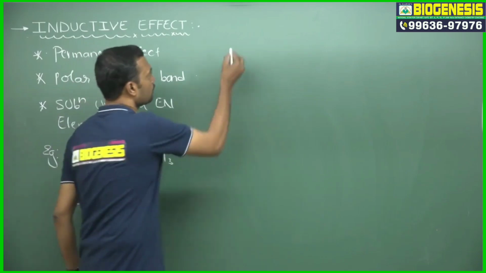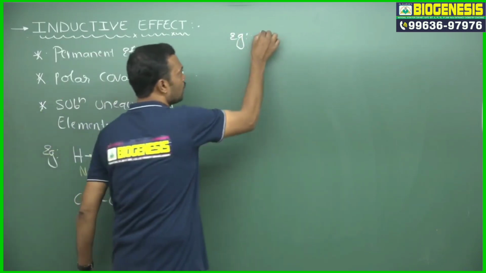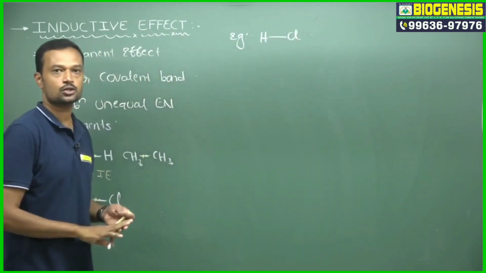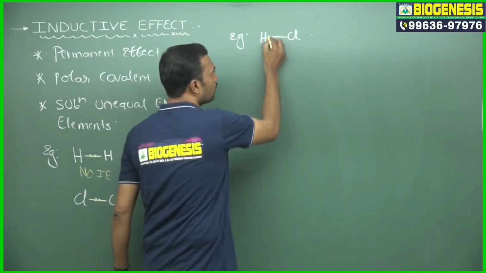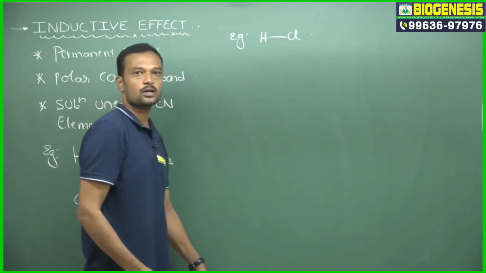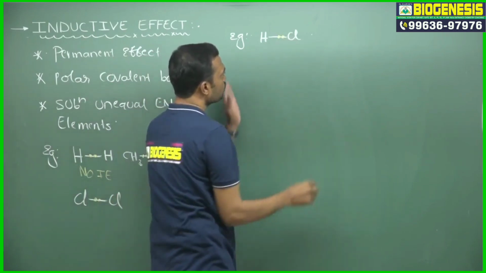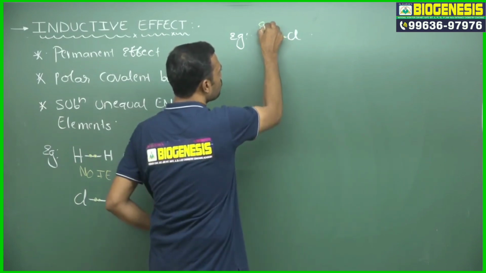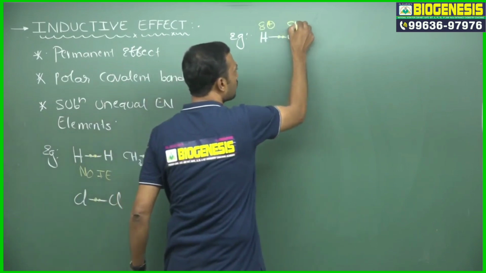Now I am giving one example where inductive effect is operated. Okay. Now see, hydrogen attaches to chlorine. Now we know chlorine is the more electronegative element. Between hydrogen and chlorine, one shared pair of electrons is present that is moving very close to chlorine. If it moves very close to chlorine, it means chlorine is taking this shared pair of electrons, so hydrogen starts losing electron density and chlorine starts gaining electron density.